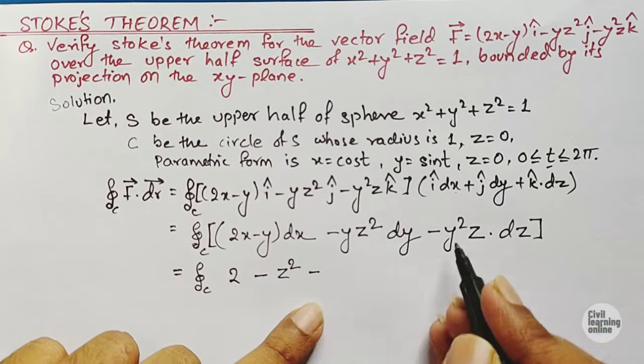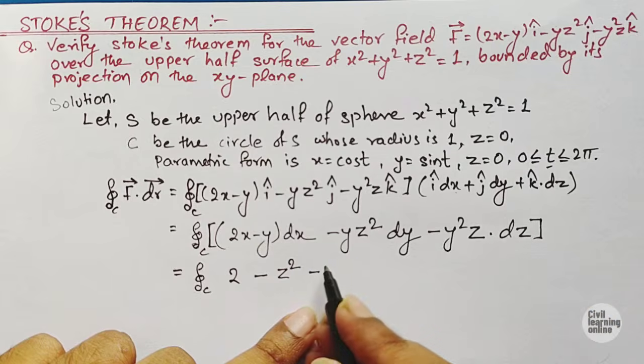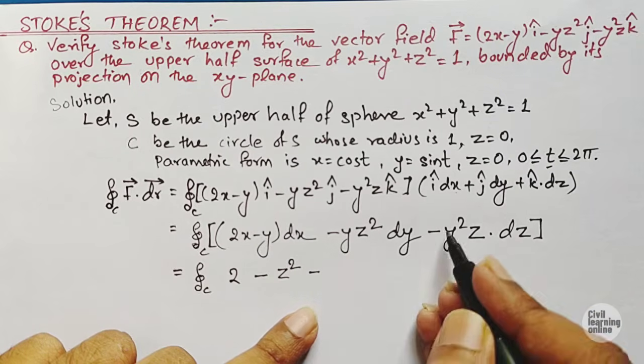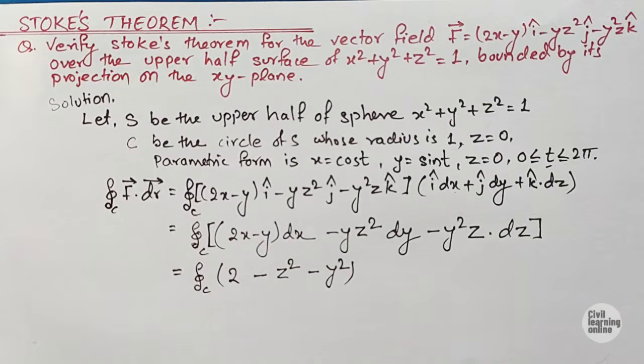Now here we have to find the derivative of y square z with respect to z: the derivative of z with respect to z will be 1, and we have y square as it is. Sorry for my mistake.